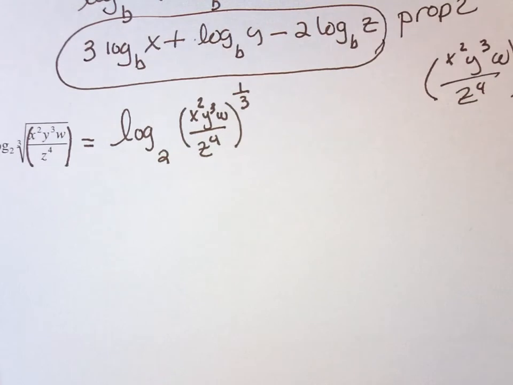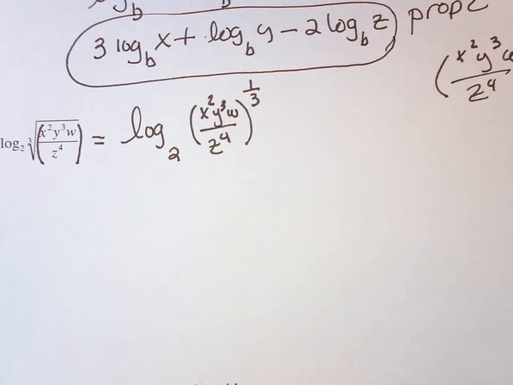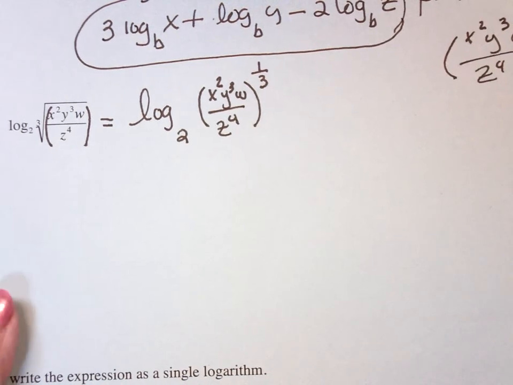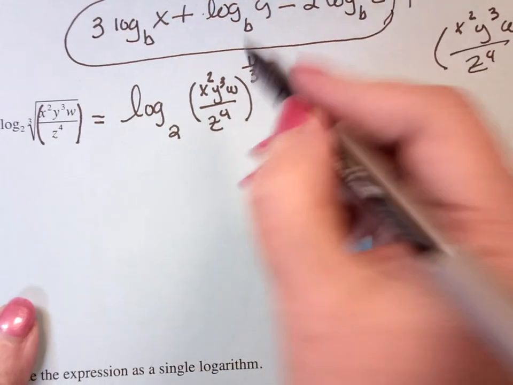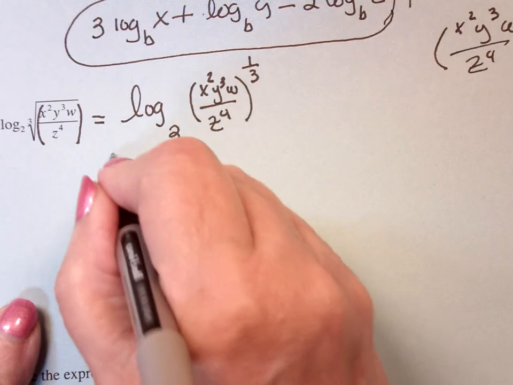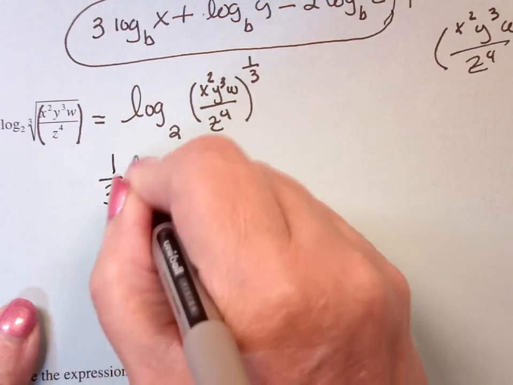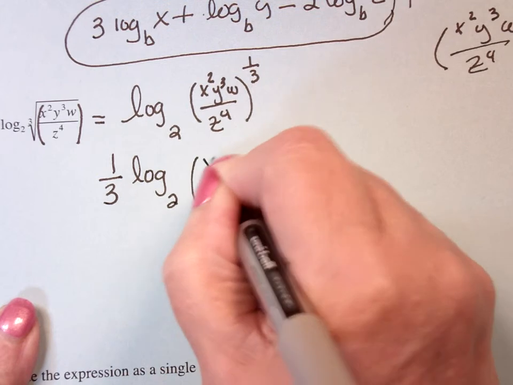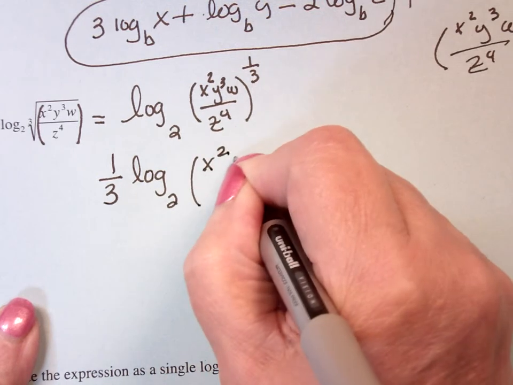Or you can do what I'm going to do, which is you have to be very careful. Like I said, now we're on a hairy edge of the kinds of problems that we do in college algebra, which are much more complicated than what we do here. The first thing I'm going to do is bring the 1/3 down, and this becomes log base 2 now of this thing, which has no fractions in it.